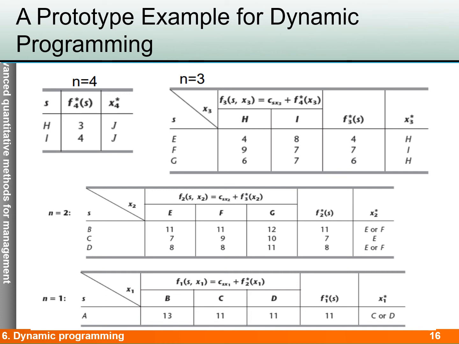As you see here, guys, this part says the minimum cost of the whole game is 11. How do we obtain this one? Moving from 4 to 3 to 2, sorry, and to 1. So this 11 says the minimum cost of this game can be $11.